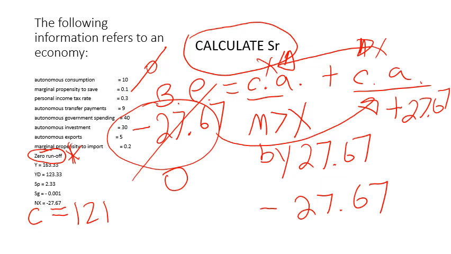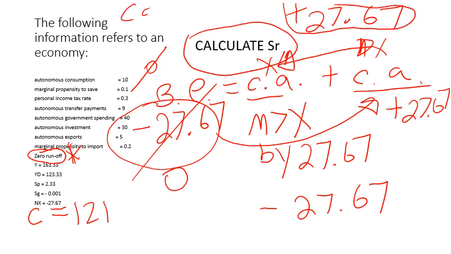All right. So the question is, what is SR? Well, SR is $27.67 billion, and it's positive. So this is a capital inflow. All right. So I guess there's a shortcut here.